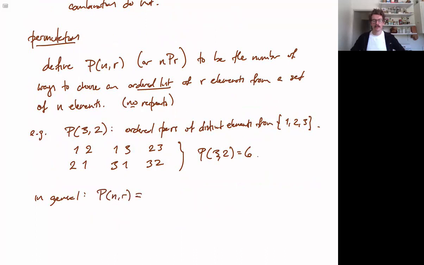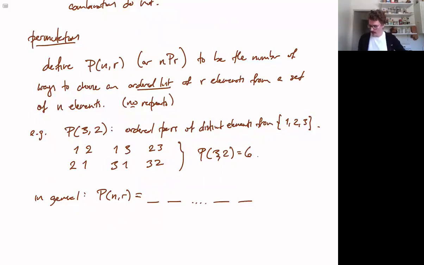how can we compute P(n, r)? Well, let's remember the kind of things that we talked about yesterday when we were talking about the product rule. So P(n, r), we think of it as an ordered list of elements in the set. So let's use the product rule to split that into pieces. And let's look at how many options we have for each piece.